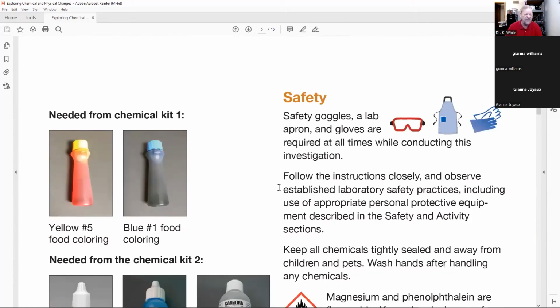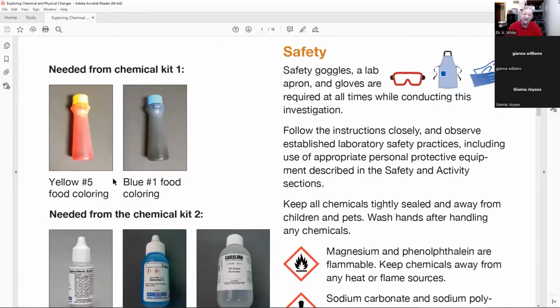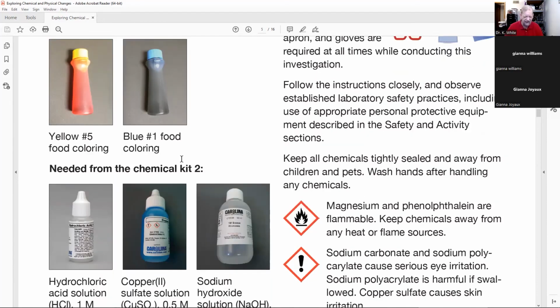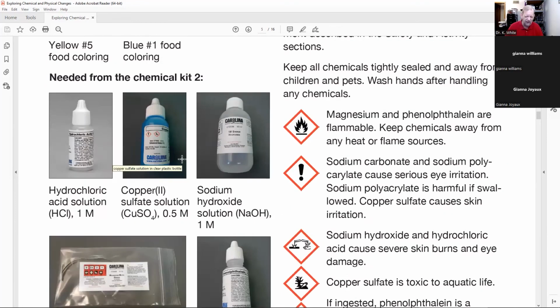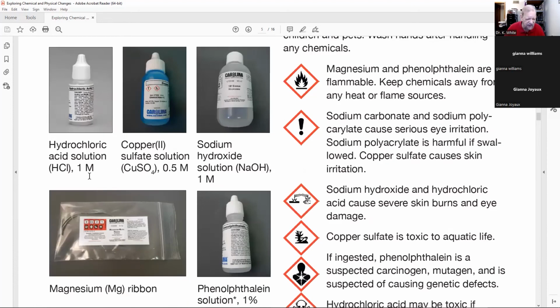Now, what you're going to need also from the chem kit, be careful with these, the yellow and blue food coloring, and then these chemicals. Now, as I taught yesterday, this is 1 M HCl, 1 molar hydrochloric acid solution. This is a serious chemical. Be careful. You want to wear gloves with it.